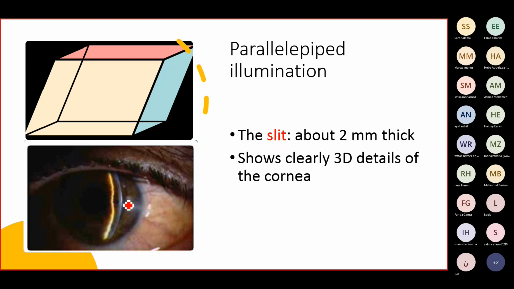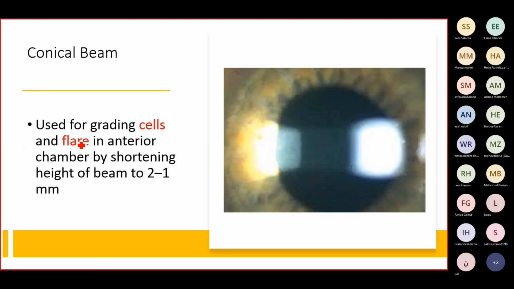Okay, and then if you play a bit with the light, make it a bit shorter and narrower, with a width of 1 to 2 millimeters and a short beam of 1 to 2 millimeters, and pass it obliquely. This is called the conical beam, and it's useful to grade the anterior chamber cells and flare.